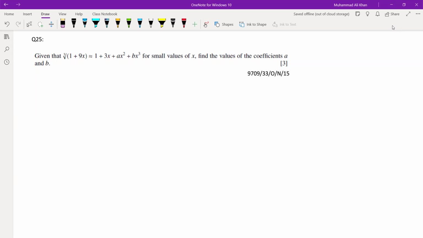So now we are expanding 1 plus 9x whole power 1 upon 3. How far do we have to expand? Up to the cube.